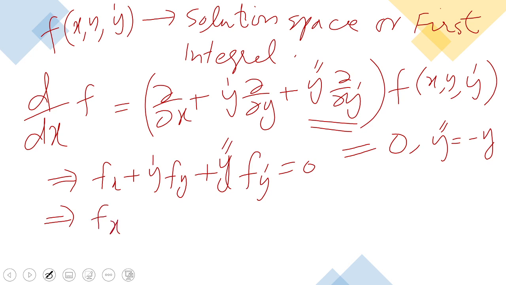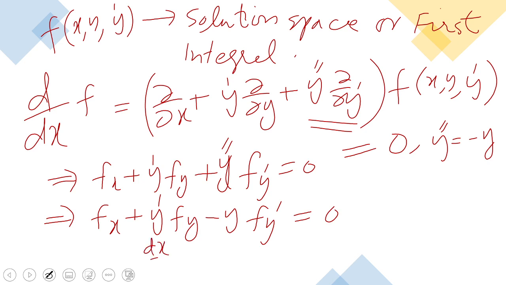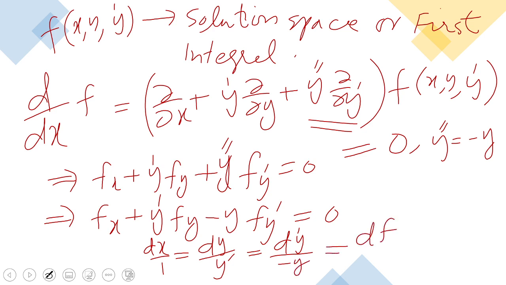So the partial differential equation corresponding to the given equation is this one. Now we see that the characteristic equation is dx over 1 equals dy over y dash equals dy dash over minus y equals df over 0. This is the characteristic equation.